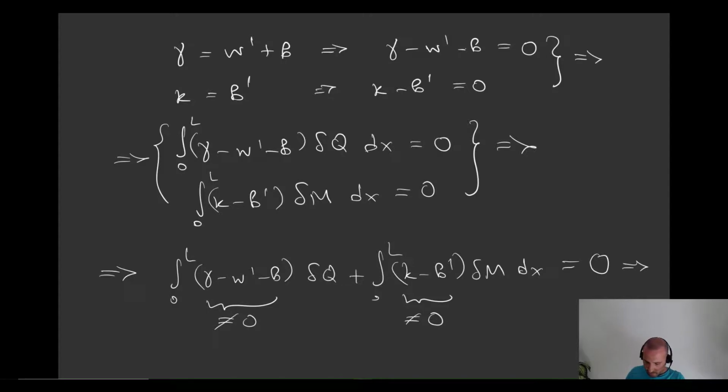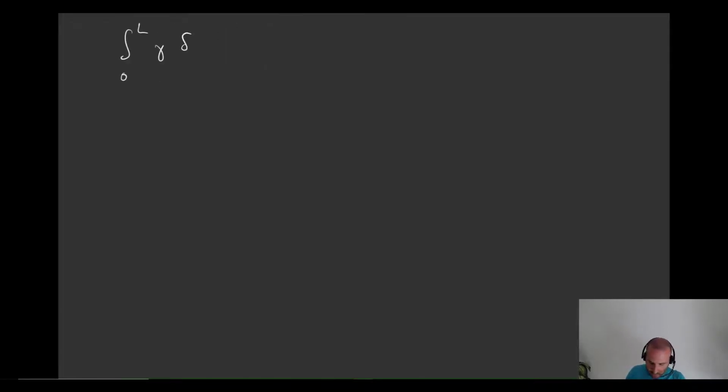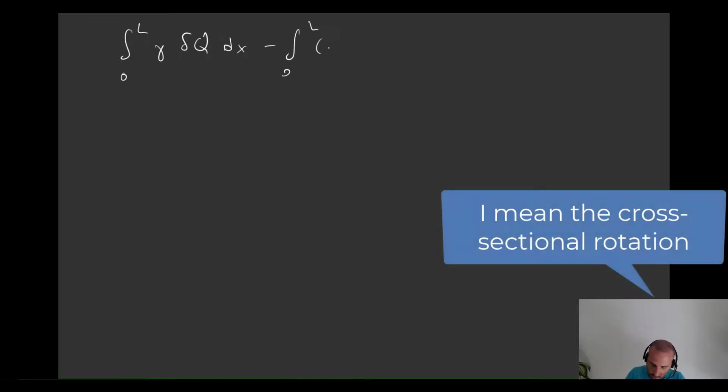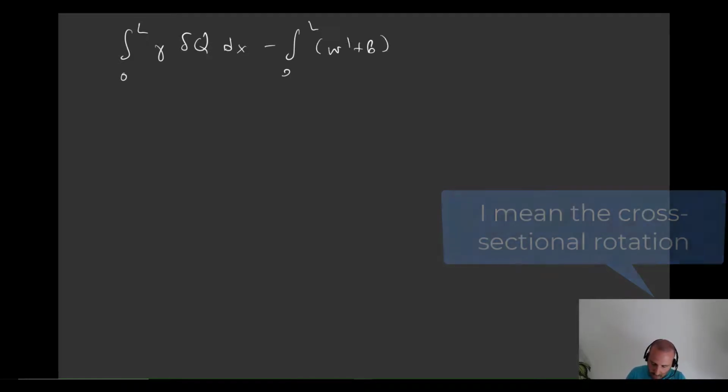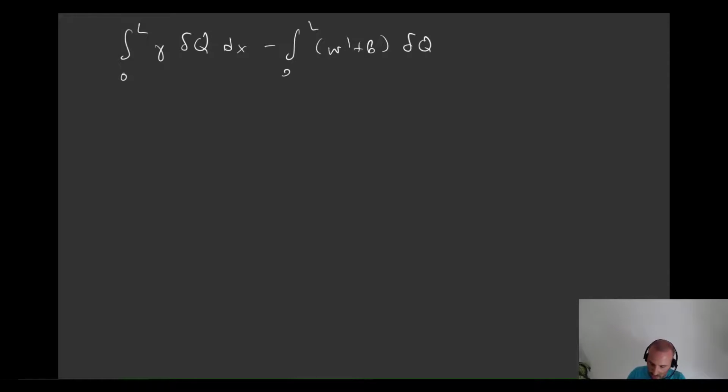That's going to be basically gamma times delta Q dx, and now minus integral from 0 to L, and I'm going to group the two terms together here, the derivative of the vertical deflection and the shear deformation. That's going to be W prime plus beta times delta Q dx.